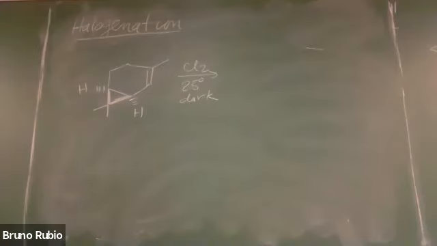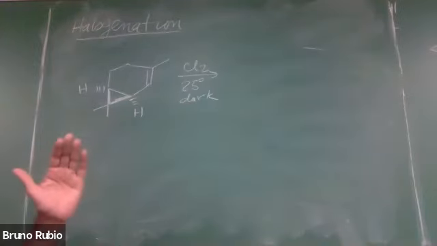Clearly show all the dashing and wedging. So what are we thinking about in this reaction? The double bond gets knocked out. We're going to get Cls at both ends of where the double bond used to be. They're going to be trans addition.